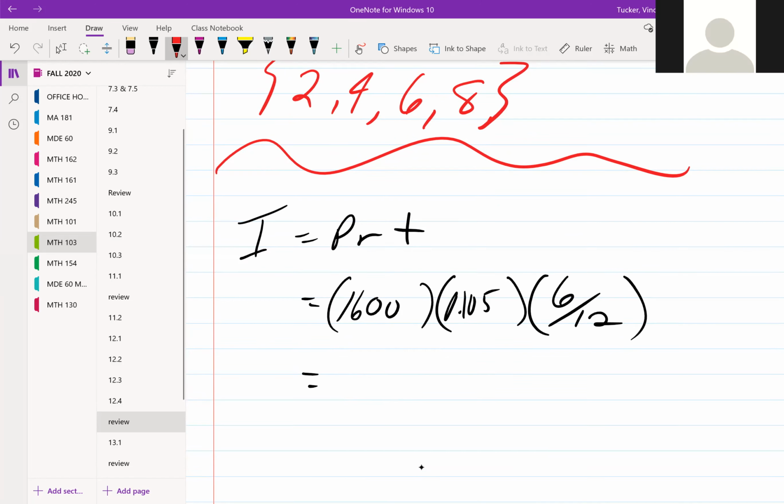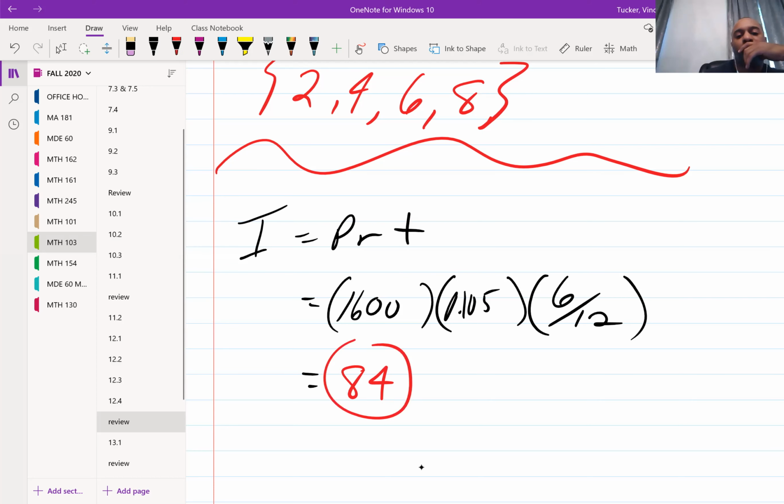So let me put it in my calculator and see how it looks now. Did you get 840? Here, let me see.